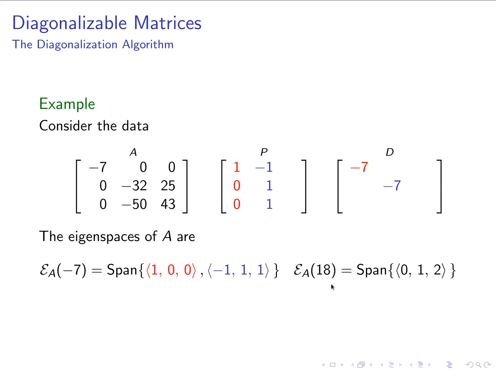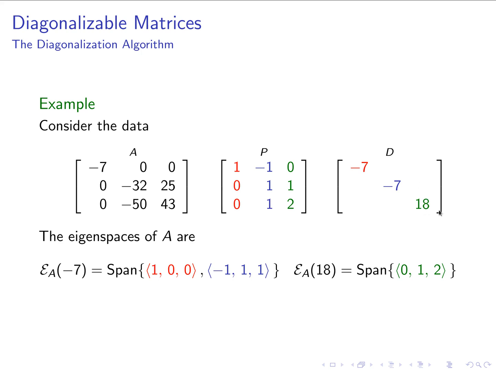Now I move to the second eigenspace of this matrix where lambda equals 18. When lambda equals 18, I only have one basis vector, (0, 1, 2). So I take that basis vector and put it into the last column of P. And then in the last diagonal entry of D, I put the eigenvalue lambda equals 18.